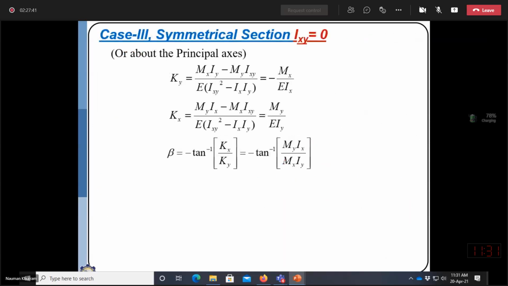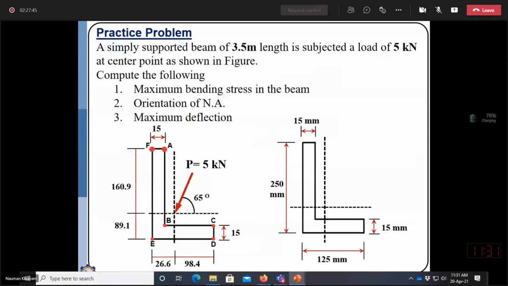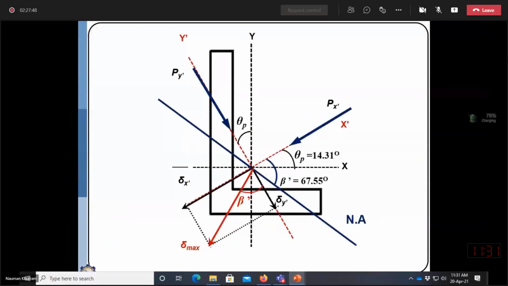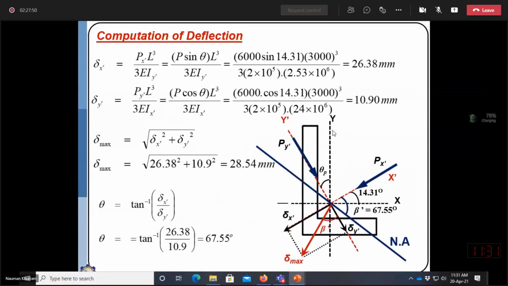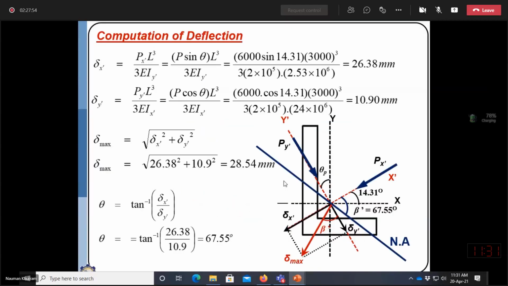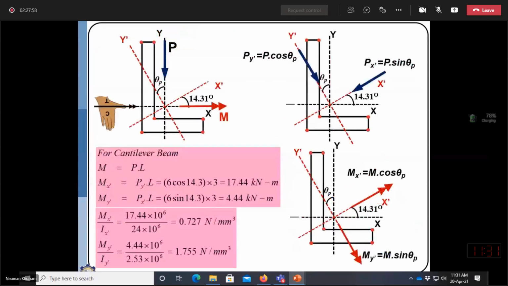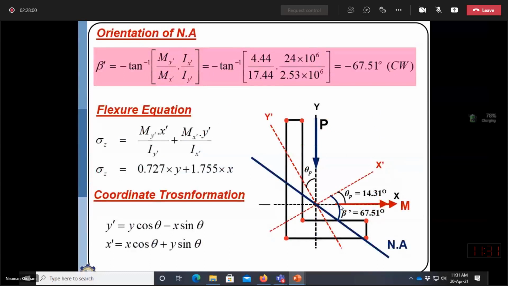Let me show you. Here, this is the orientation of the neutral axis that we determined by the principle of superposition, 67.51. This angle is beta bar, which is given from the x bar axis.